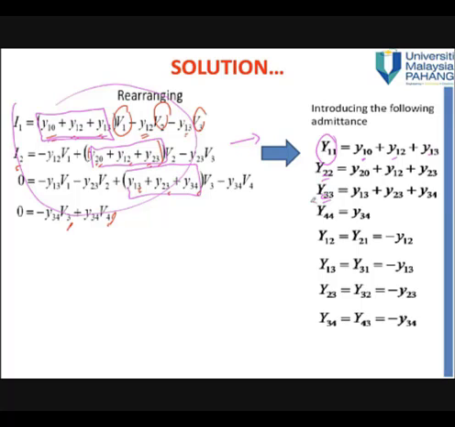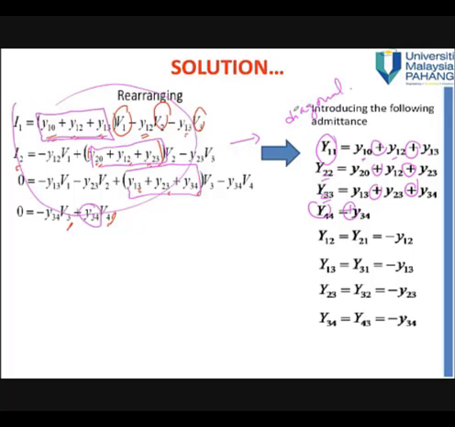And Y44 connected to bus 4, bus 34 only. That's why you have Y34 only. And then the rest, as you can see here, this is summation, positive values. So also positive values.